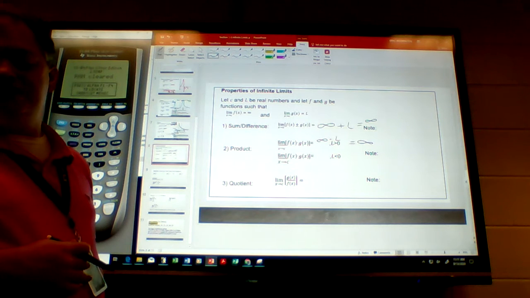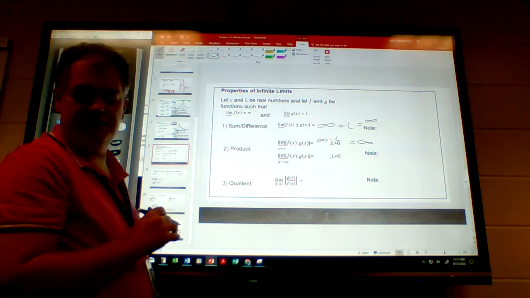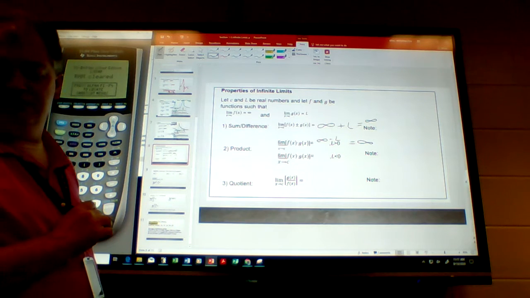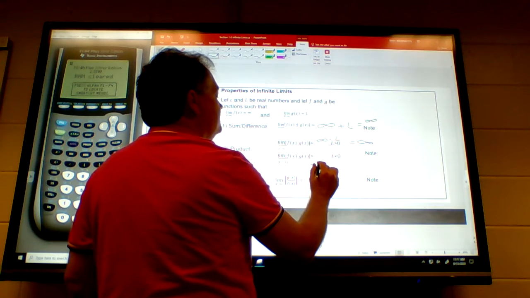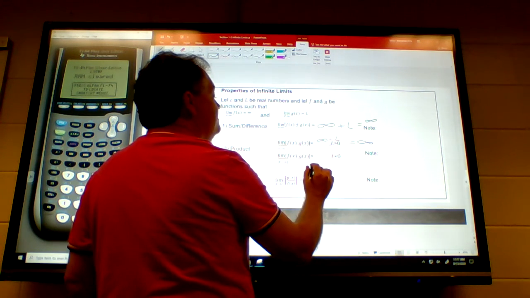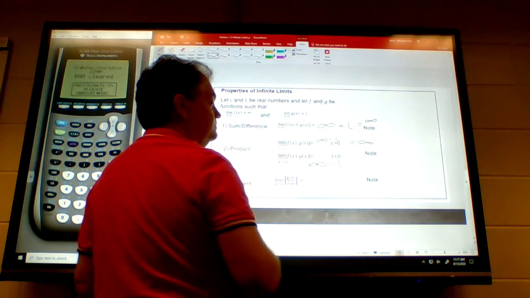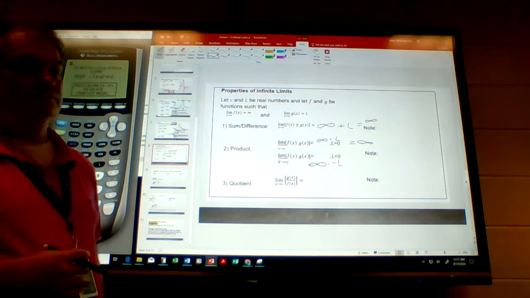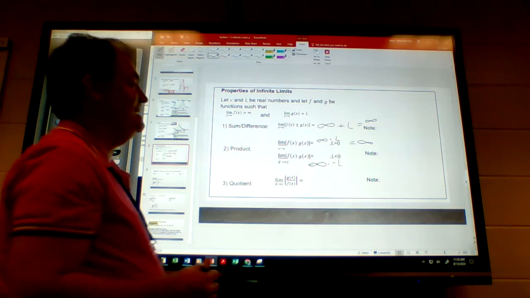Now, here's the next tricky one. We have infinity times negative L. Well, what's negative L times infinity? It's going to be negative infinity.